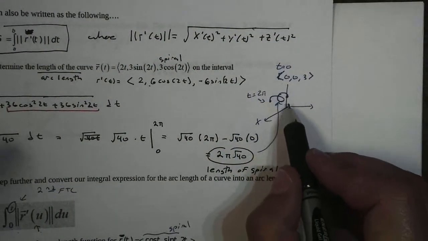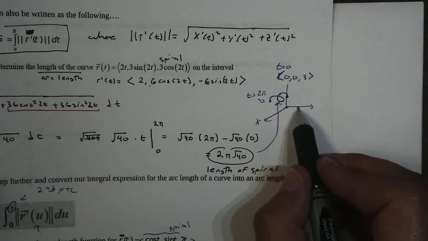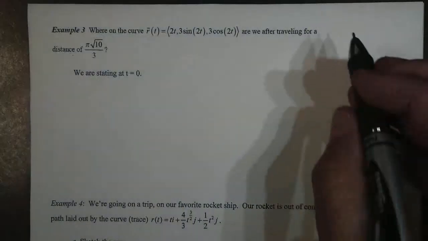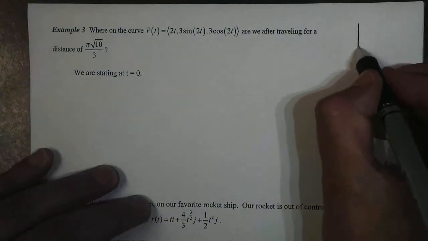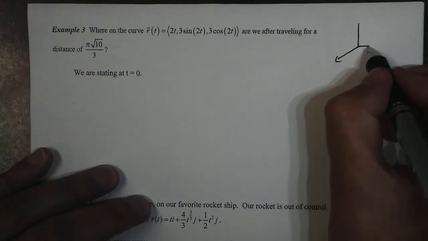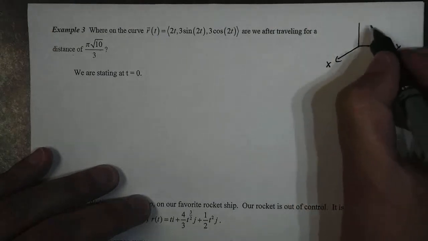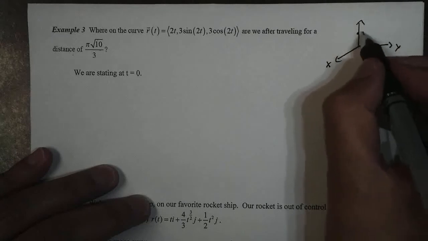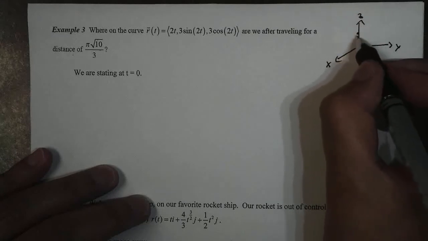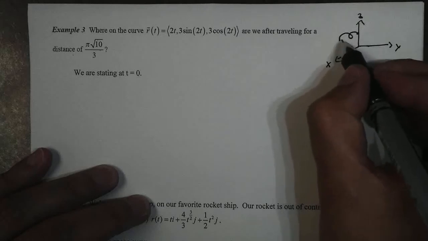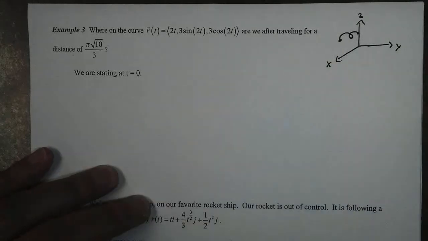This is a spiral starting from the YZ plane heading parallel to the x-axis. I want to graph it. Remember, we're starting on the YZ plane, and we're spiraling out parallel to the x-axis right there.